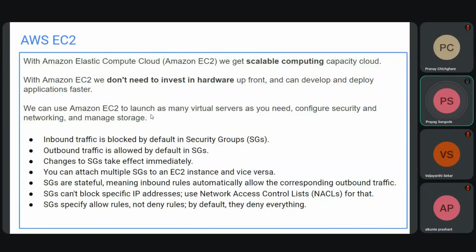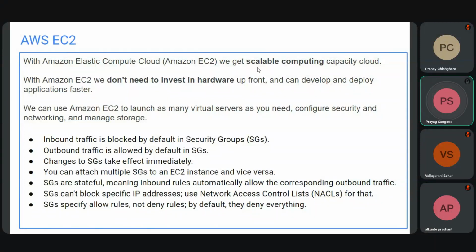And why it is called a virtual machine: because it doesn't have any hardware attached to it. It just gives us a virtual environment where we'll have virtual CPUs, virtual RAM, virtual disk and all. That's what a virtual machine is, and in AWS terms it is called Elastic Compute Cloud, that's why EC2.